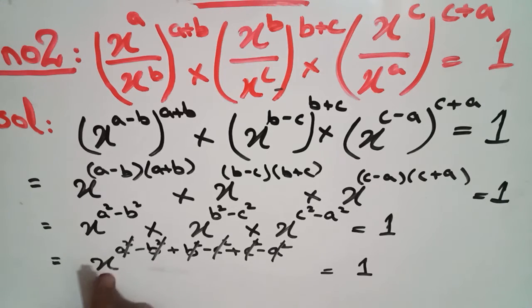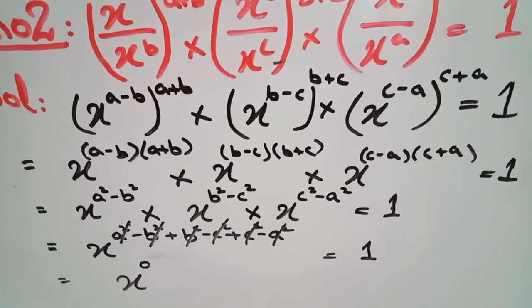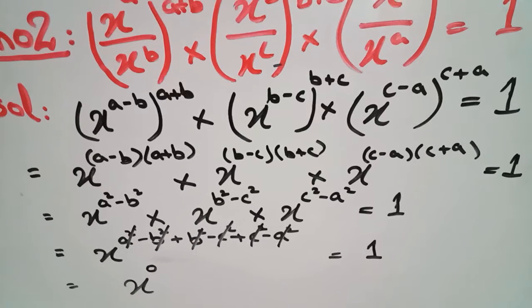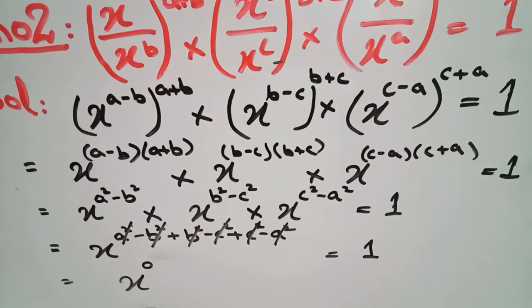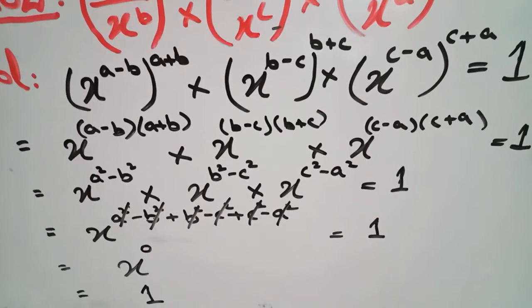Okay, and at the end there will be x raised to power 0, and every number or variable which has power 0 will be equal to 1. At the end it will be equal to 1.